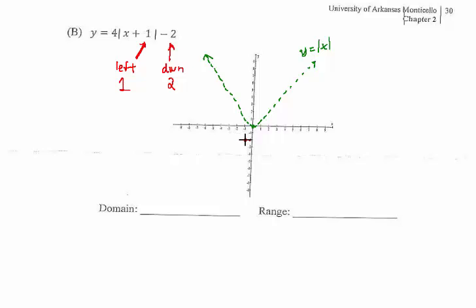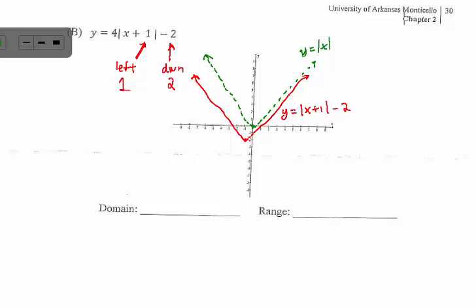And if the 4 was not included in our function, then we could just simply graph this as y equals absolute value of x plus 1 minus 2. Now, the 4, what it's going to do is make our v sharper.